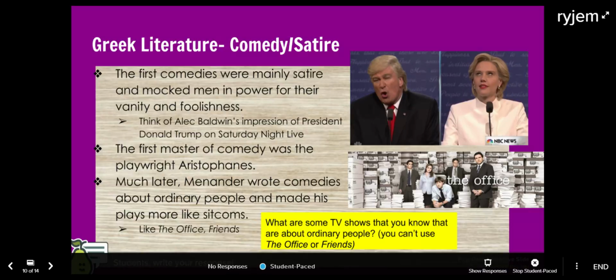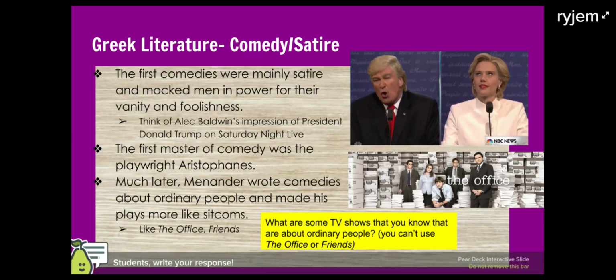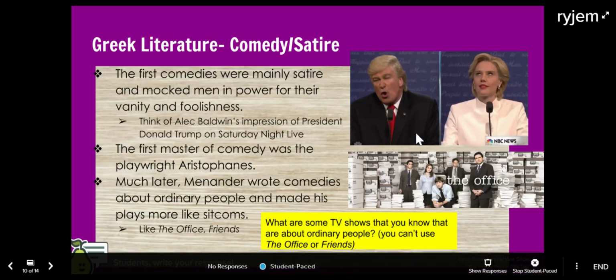Another form of Greek literature is comedy or satire, okay? And I have some very modern day pictures there because you guys interact with comedy and especially political satire all the time, every single day. So the first comedies were mainly satire and they mocked men in power for their vanity and their foolishness. Think of Alec Baldwin, he's over here, his impression of President Donald Trump on Saturday Night Live.